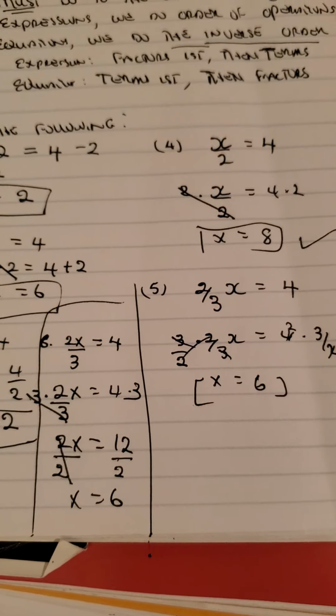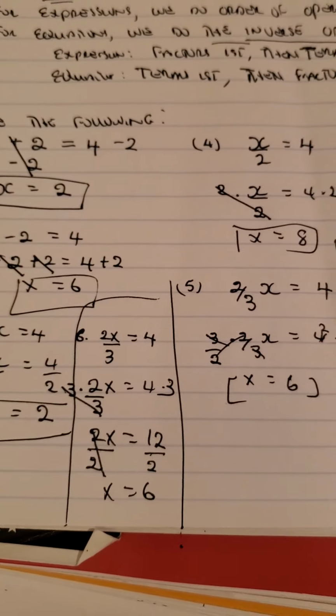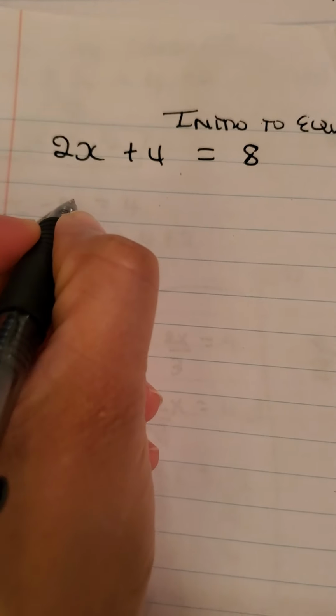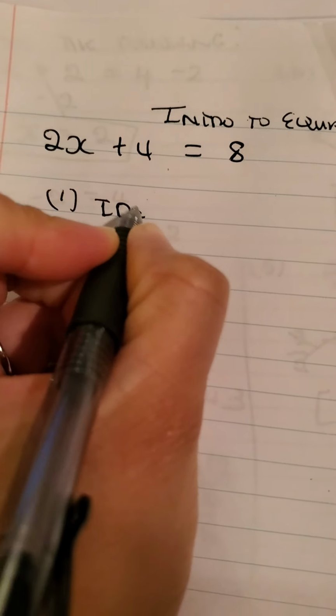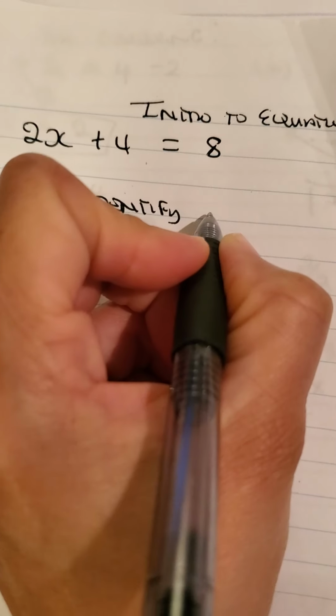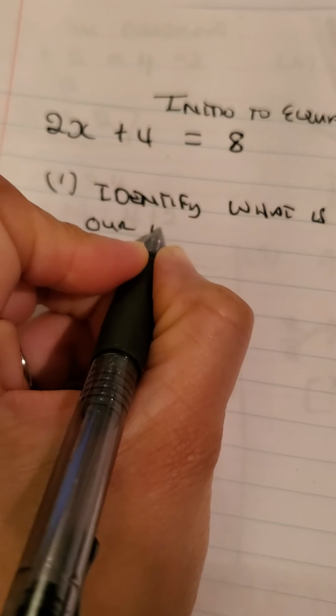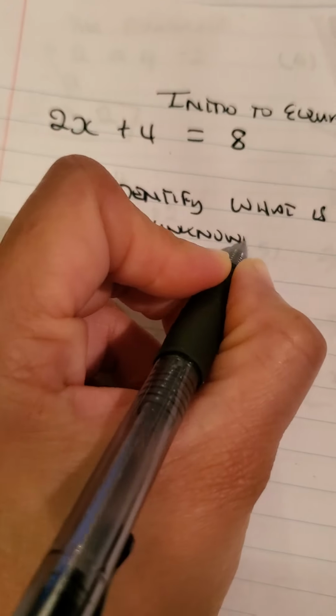Now, let's look at when we have to use the inverse operation. So let's say, for example, we have 2x plus 4 equals 8. Okay, let's take a look. This is how we assess our equation. First step is identify what is affecting our unknown from being by itself.